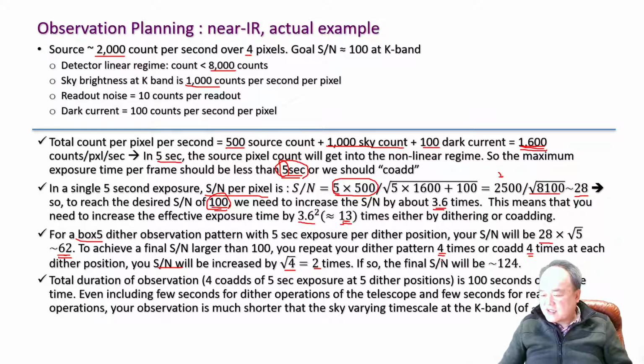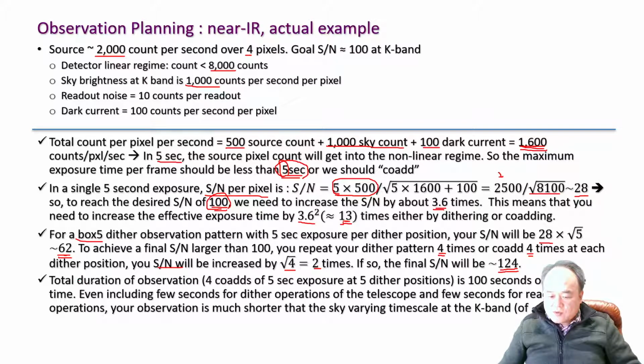That means if you do either the four coadd at each data position or repeat the whole data pattern 4 times, then your signal to noise ratio per pixel at the end is 124. Okay, so this goes above your desired level, right?